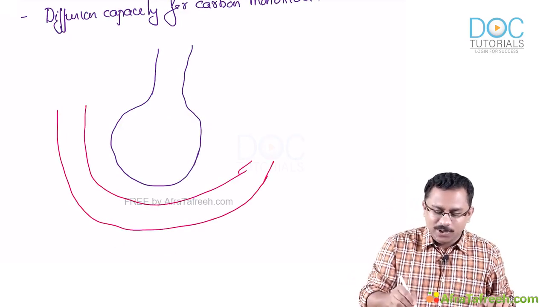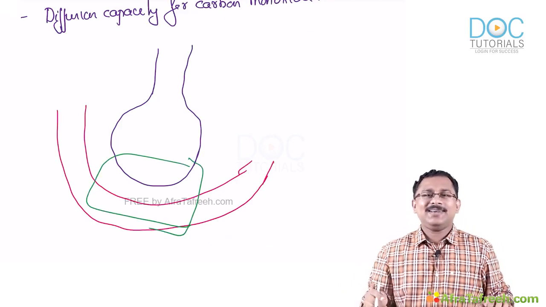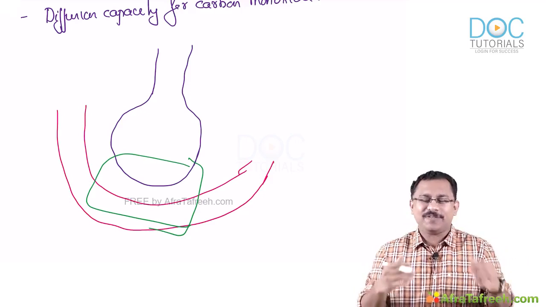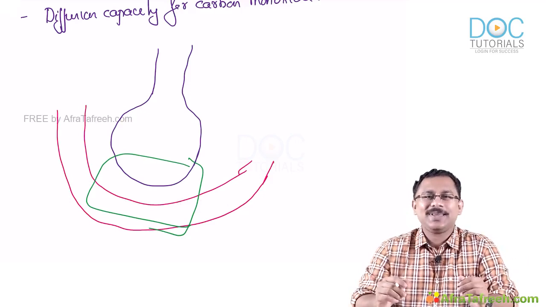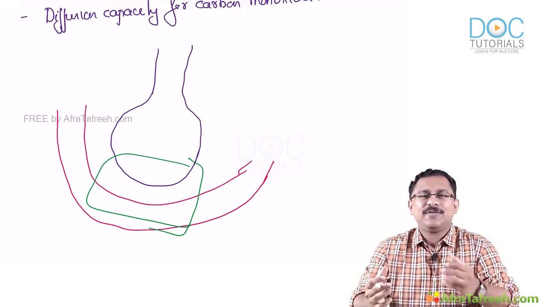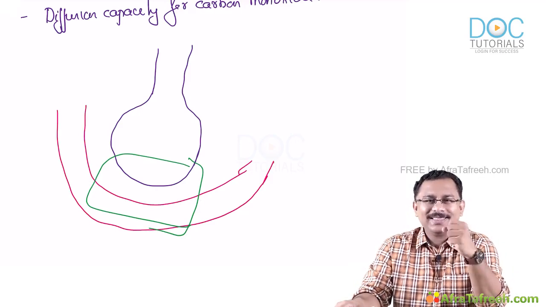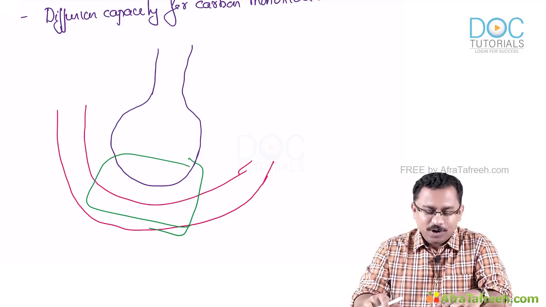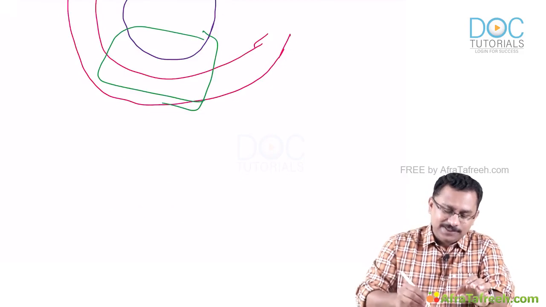So here is where you have the alveolo-capillary membrane. That is where the diffusion of gases is taking place, that is oxygen, carbon dioxide. Now, diffusion capacity of carbon monoxide is a test that relies predominantly on two factors.